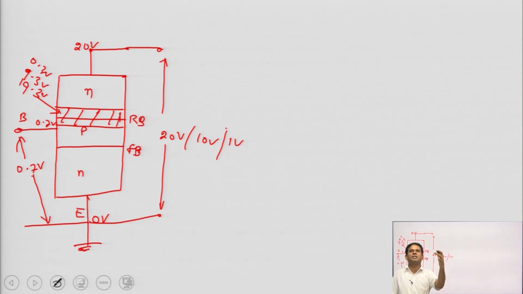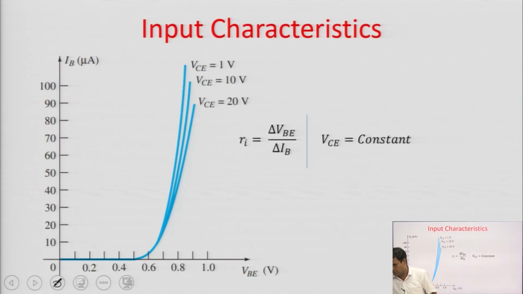This means the recombination current will be maximum. Since the recombination current, that is base current, is maximum, the input resistance is minimum, so the slope of the graph is maximum. So if we are decreasing VCE, this means if we are decreasing the collector voltage, then the input current increases and the input resistance also decreases.